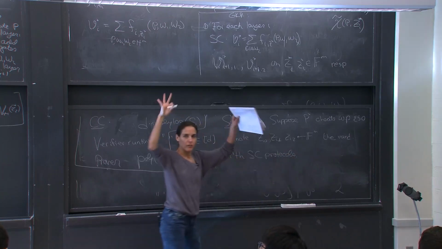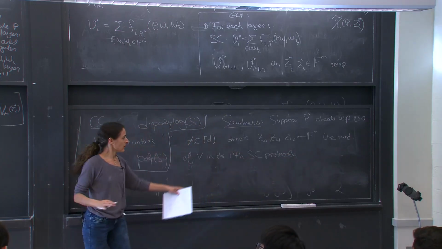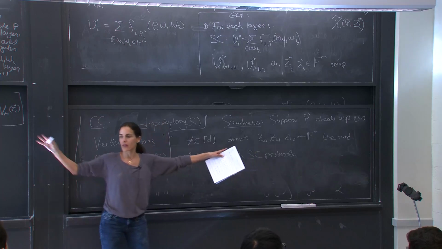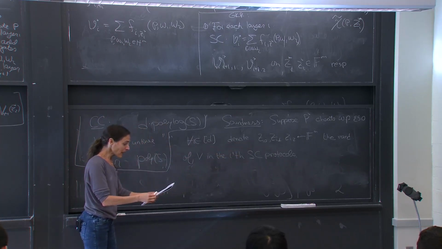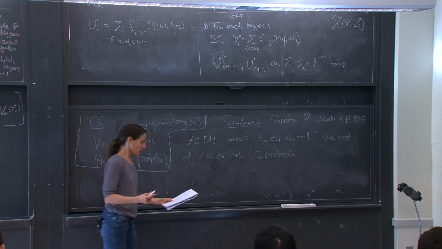The two parallel protocols use the same randomness. So let's just denote by Z_i^0, that's the Z_0, Z_1, Z_2, but in each layer it's different.